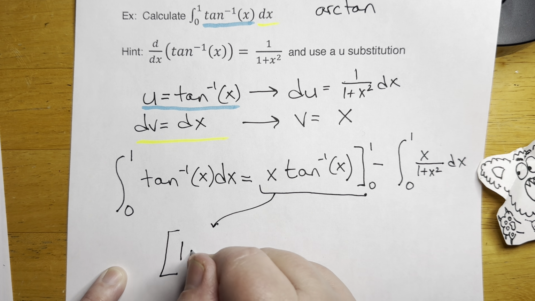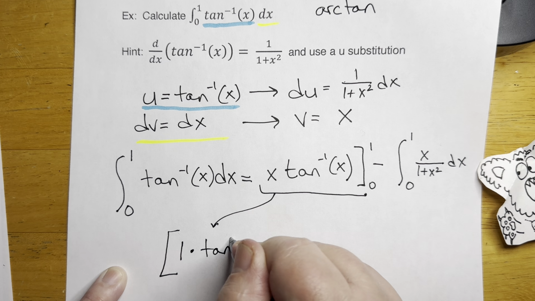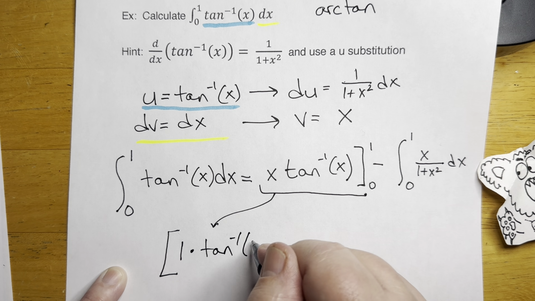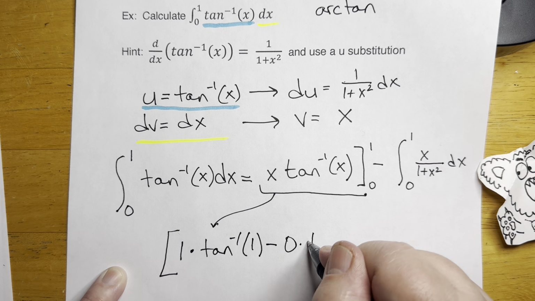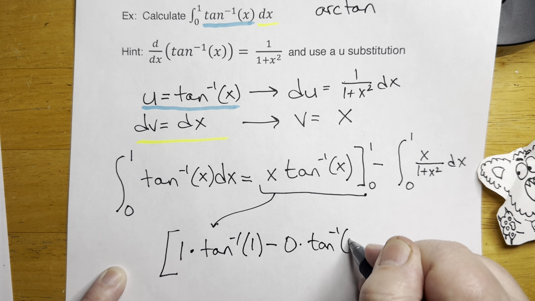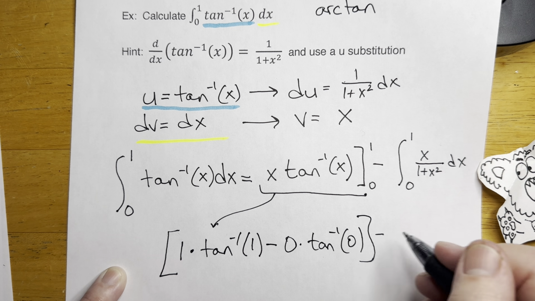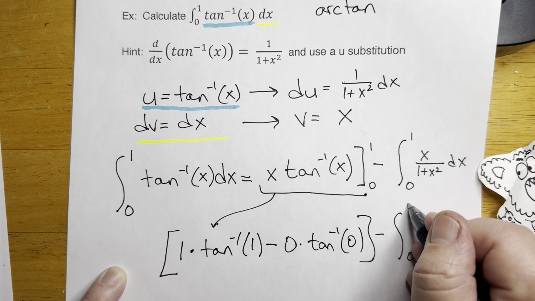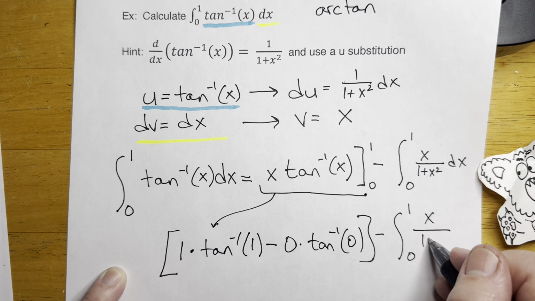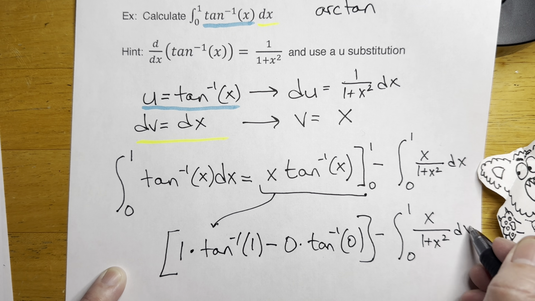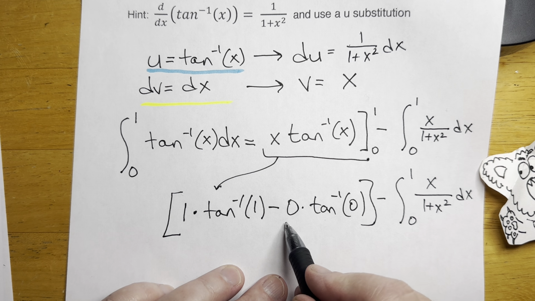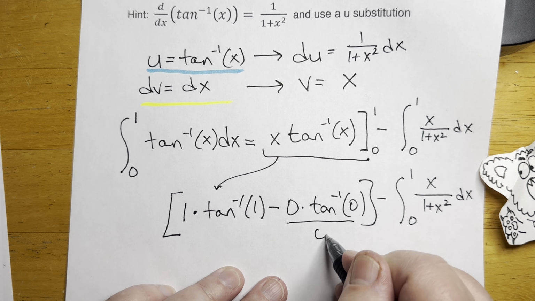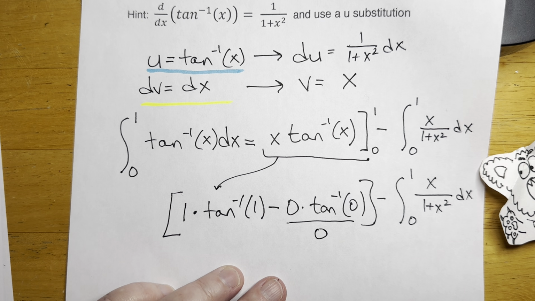So I've got 1 times arctangent of 1 minus 0 times arctangent of 0. And then minus this other integral. Okay. So the good news is this right here is 0. Right? 0 times anything, as long as it's defined, is 0. That's fine.